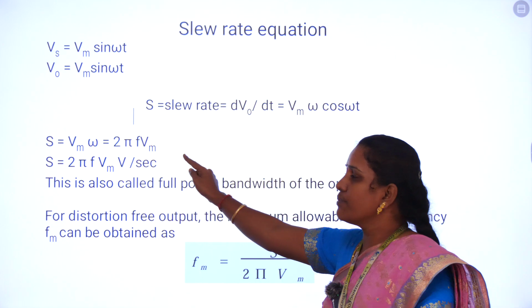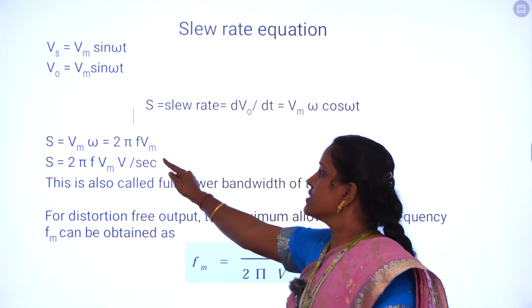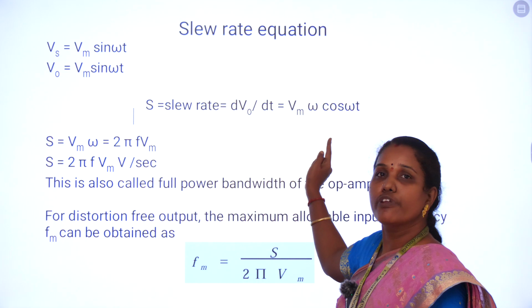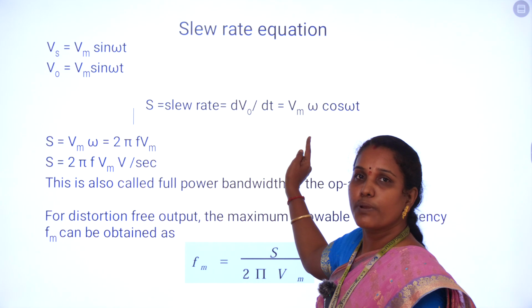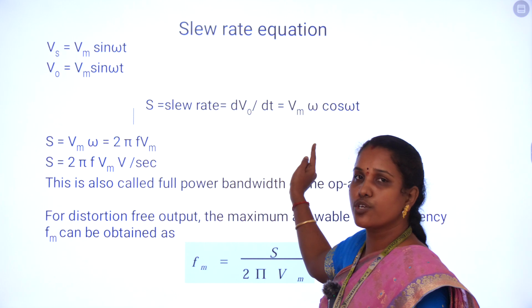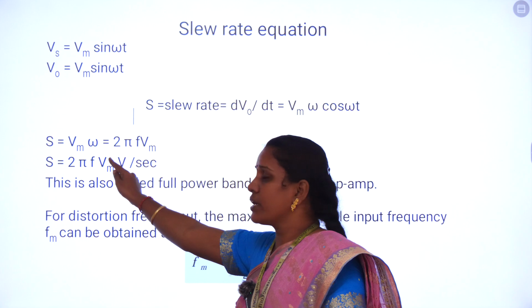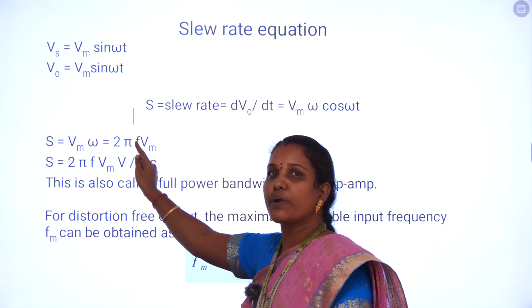Now coming to S. S is equal to Vm omega cos omega t, and at maximum condition you can assume omega t is equal to 0, so cos 0 is equal to 1. So S equals Vm into omega. Omega is the angular frequency, 2 pi f.